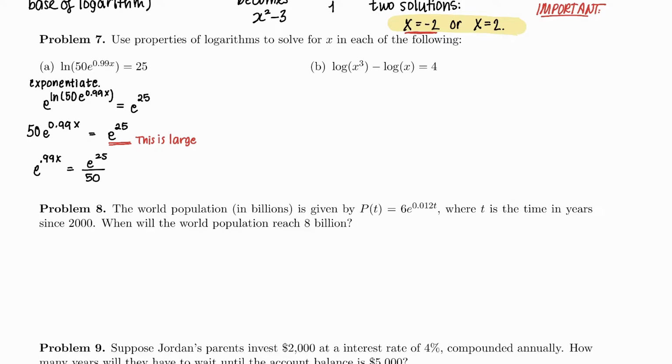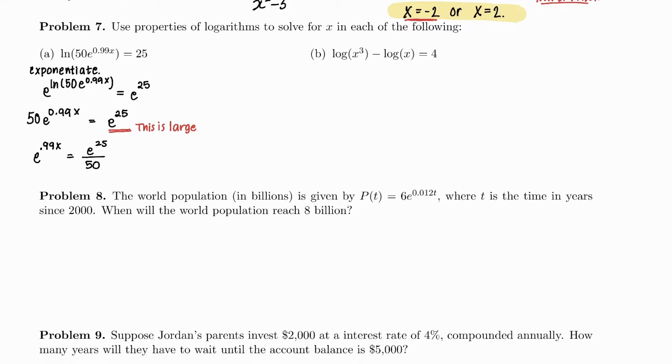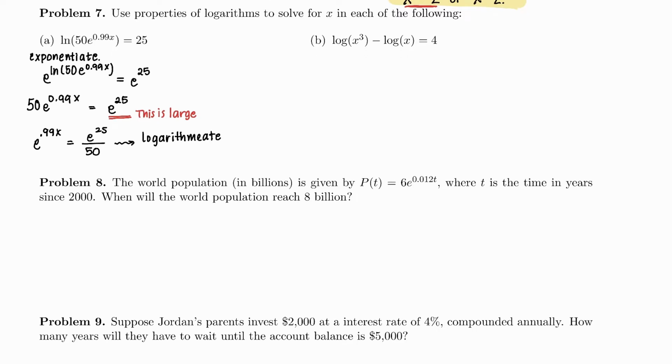And then, since I have x trapped inside of the exponent on the left-hand side, I'm going to logarithmiate. So we'll just take the natural log of both sides. Okay, so when we do that, let me write out what this will be first.